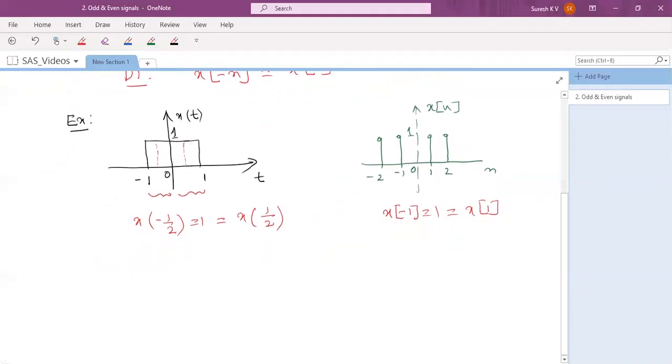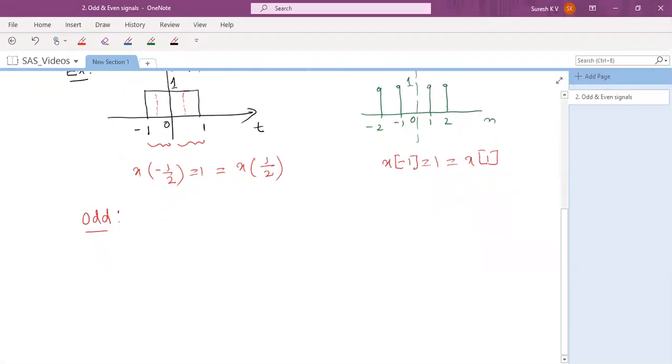Now let me take the definition for an odd signal. A signal is said to be an odd signal if it satisfies the condition, say x of minus t is equal to minus of x of t for all values of t.